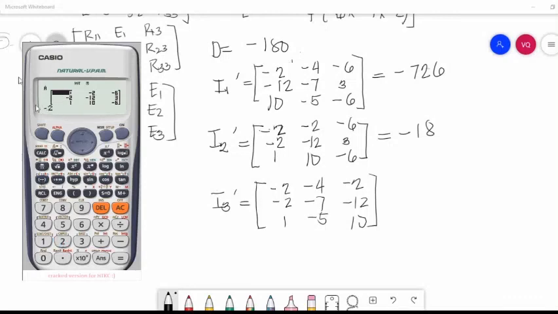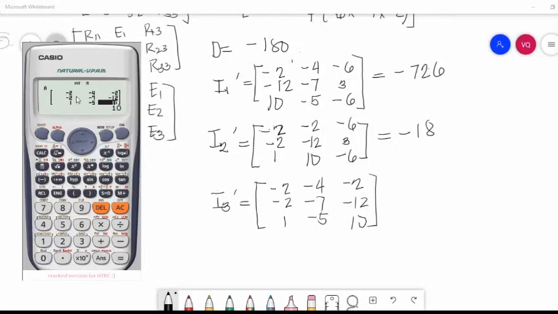First coefficient pala, -2, then -4, -2, -2, -7, -12, 1, -5, and 10.